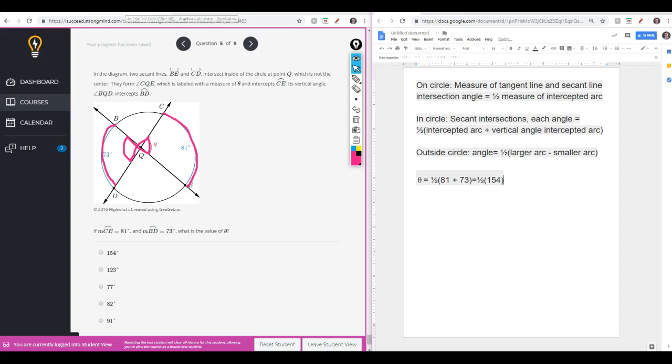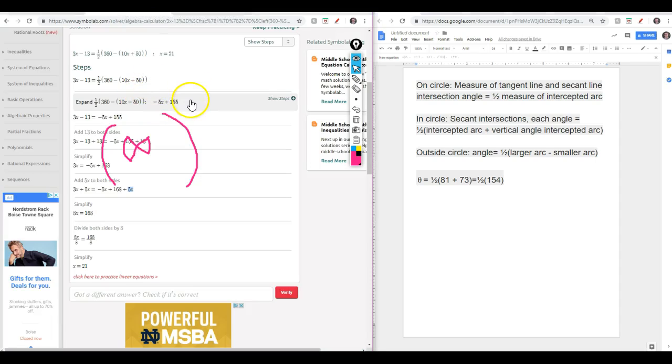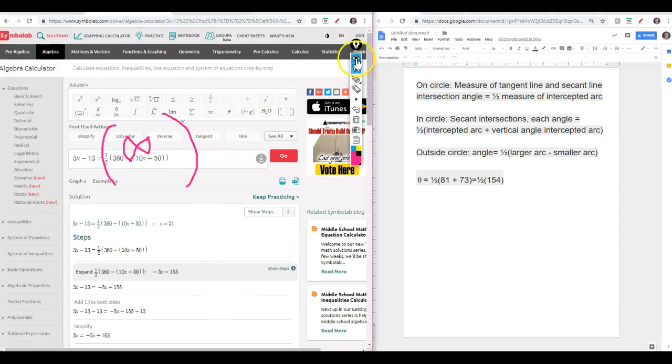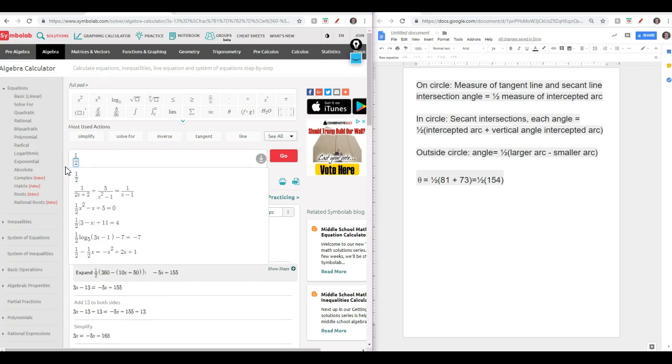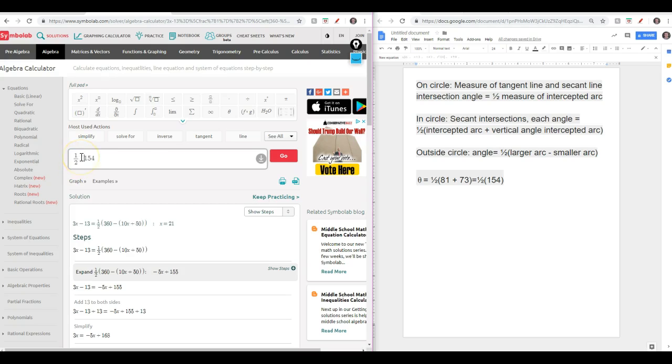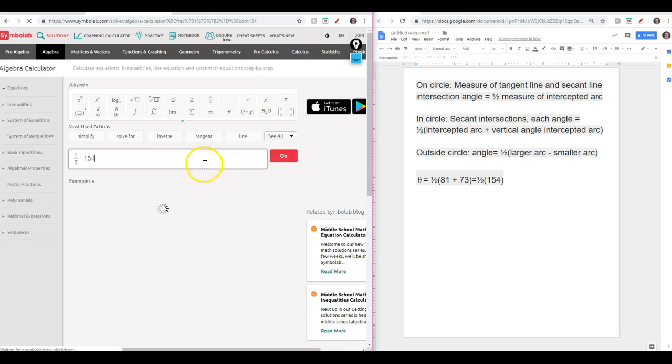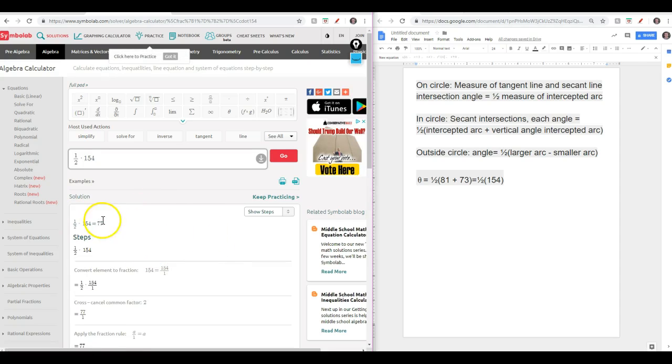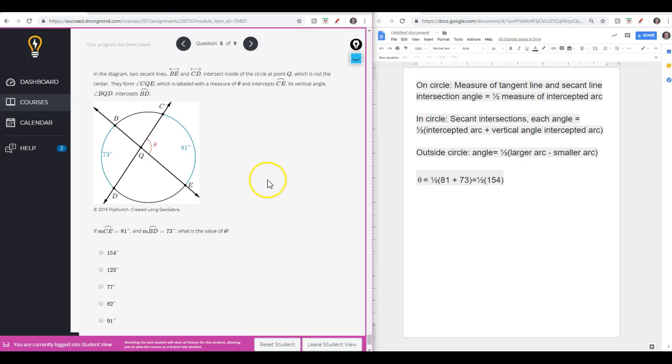Then I would just jump to a calculator and type in 1/2 times 154, which ends up being 77. I just wanted to make sure that I had that correct. So that is how we would set this problem up and simplify it.